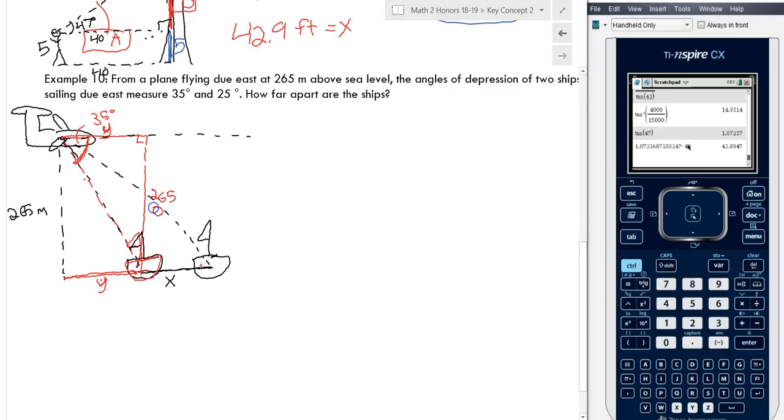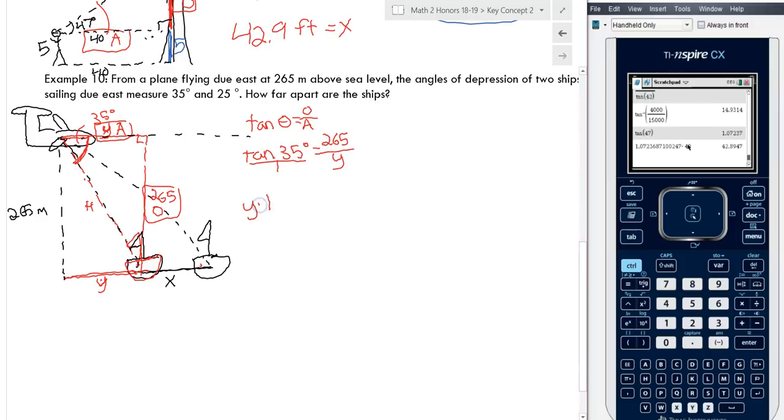Labeling my sides, we have the opposite side, the adjacent side, and the hypotenuse. So again, we're using our tangent. Tangent of theta is O over A. So tangent of 35 degrees equals 265 over y.